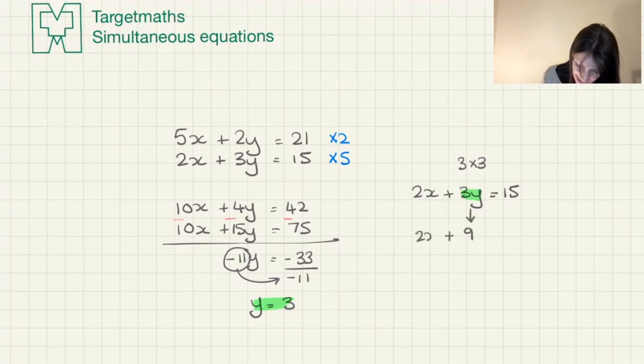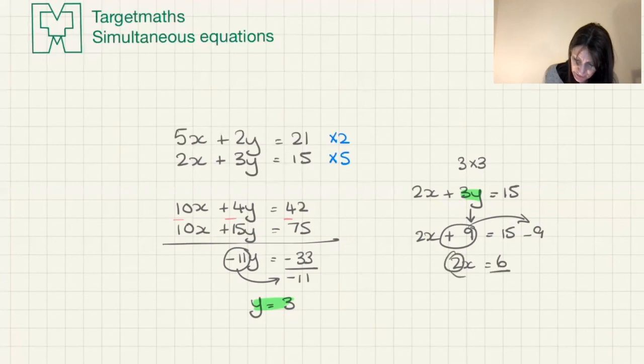I've still got the 2x and 15. Okay, so we are going to do take away 9. We want to get x on its own. So 15 take away 9 is 6. Divide through by the 2, and x is equal to 3. So they were both 3 in that example.